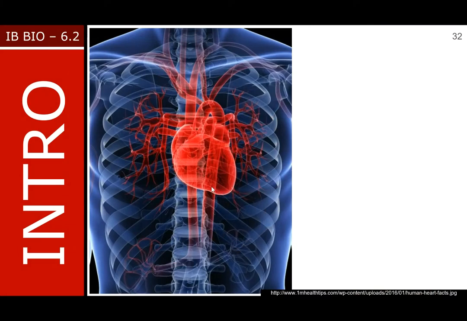So make sure you're following along with the understandings, skills, and applications. But before we get into the actual nitty gritty, let's just go over some of the basics. So the heart is the central organ of the circulatory system. It's that pump that circulates blood around your body.